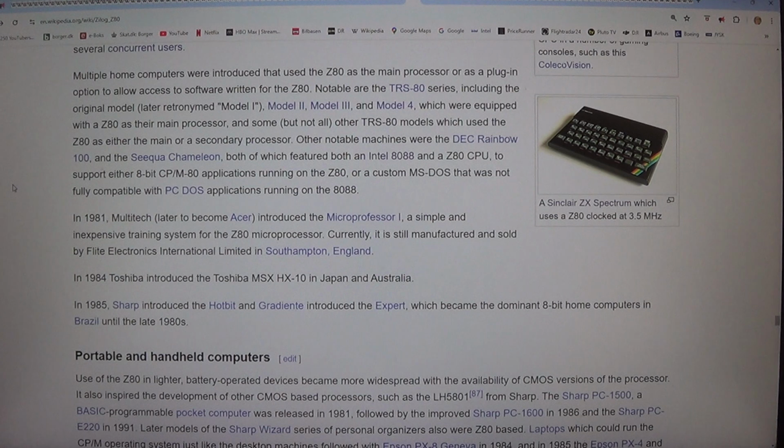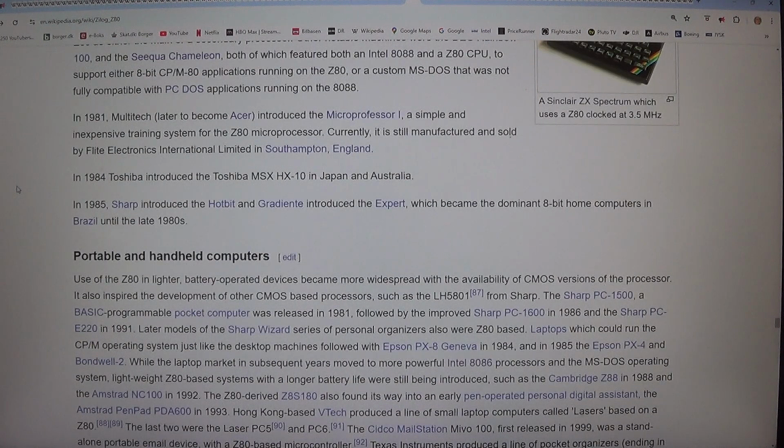In 1981, Multitech, later to become Acer, introduced the Microprocessor I, a simple and inexpensive training system for the Z80 microprocessor. Currently, it is still manufactured and sold by Flight Electronics International Limited in Southampton, England.